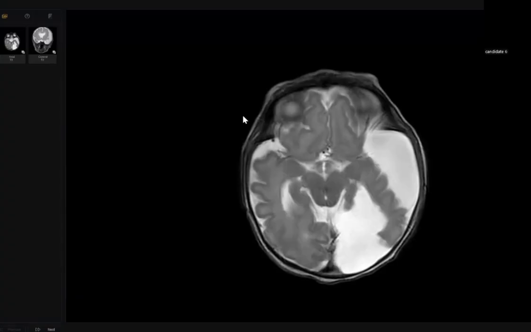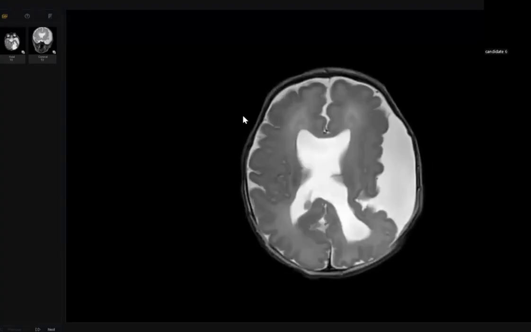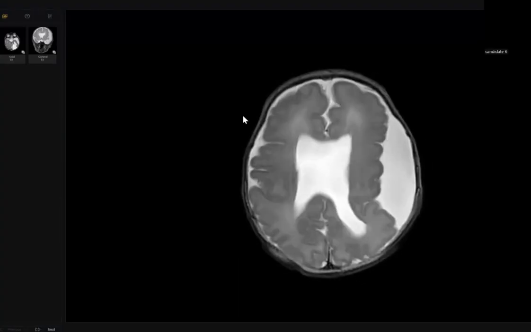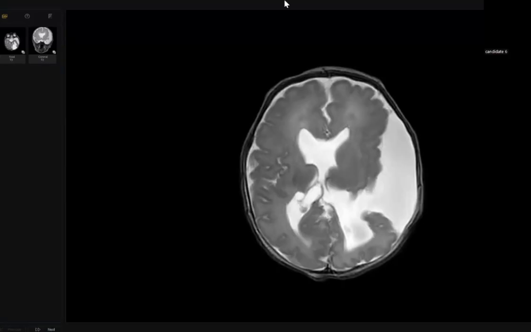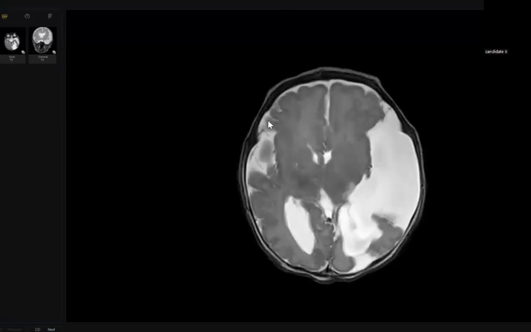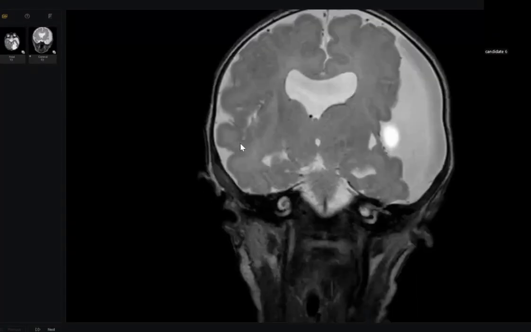Not entirely certain on this image. Okay, I can see that there is some communication with the ventricles. Also, I cannot see the septum pellucidum clearly. I would also like to look at the coronal images of this patient.